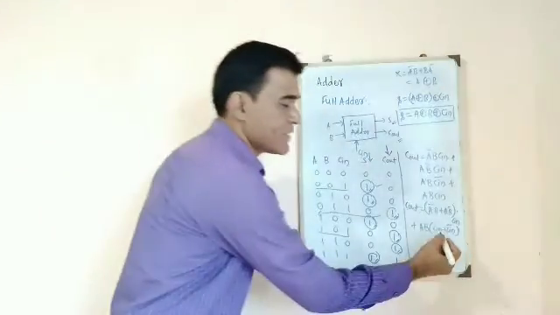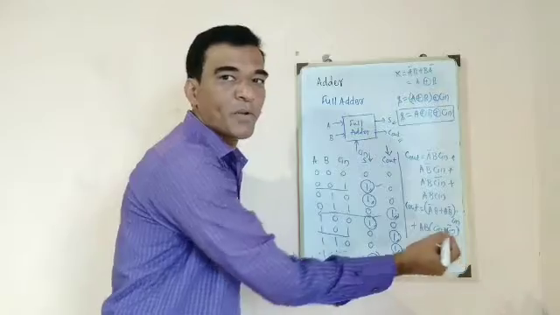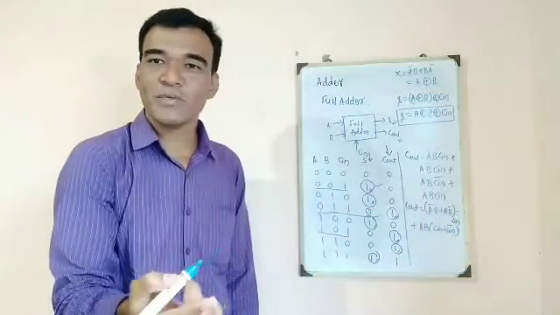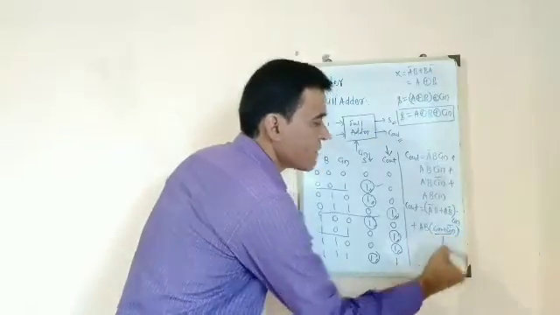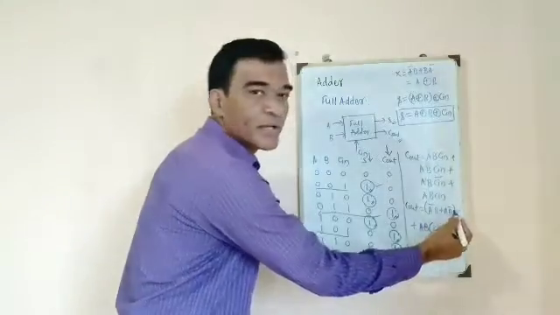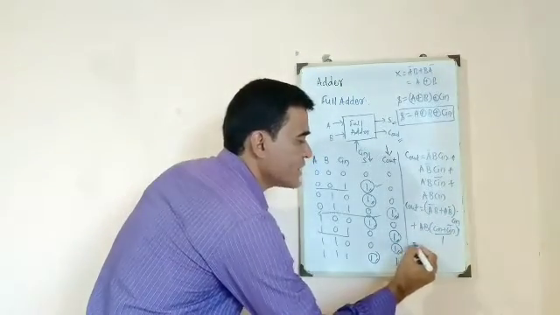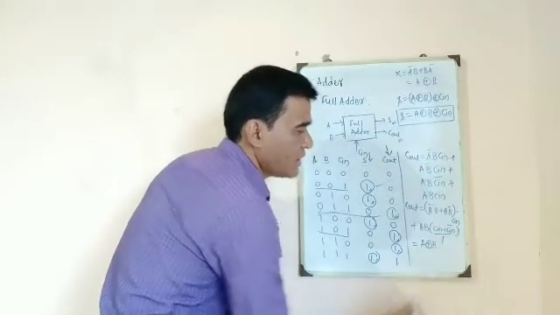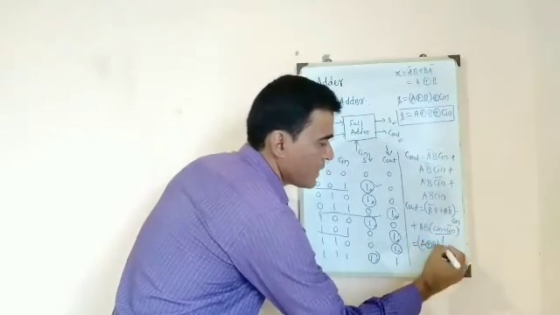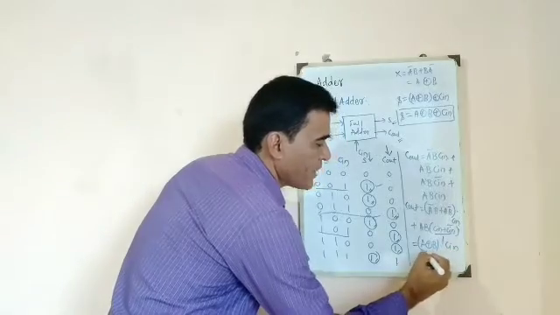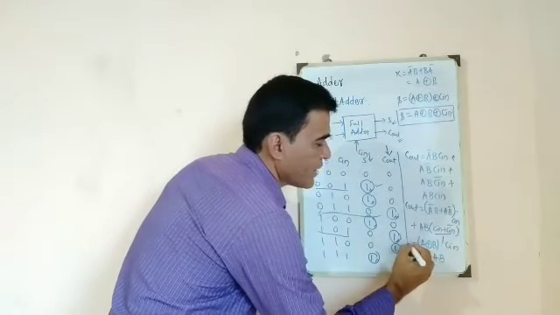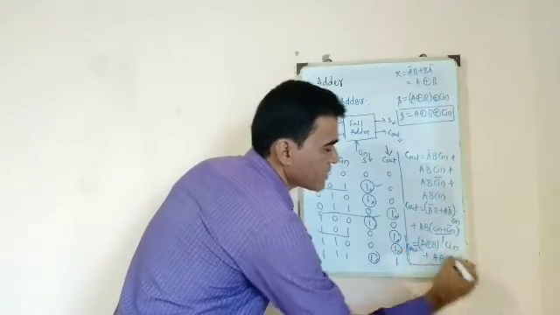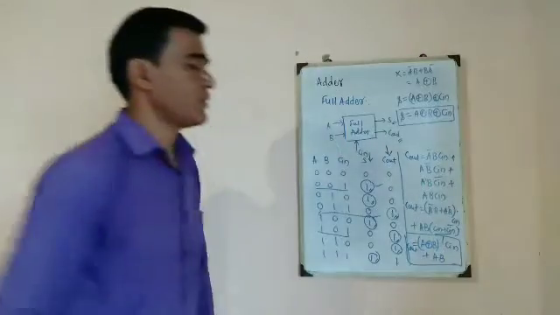We know that C in plus C in complement, like A plus A complement, is 1, so I can replace this by 1. A bar B plus A B bar is nothing but the XOR gate, hence I can write C out as A XOR B multiplied by C in plus AB, and this is the expression for C out.